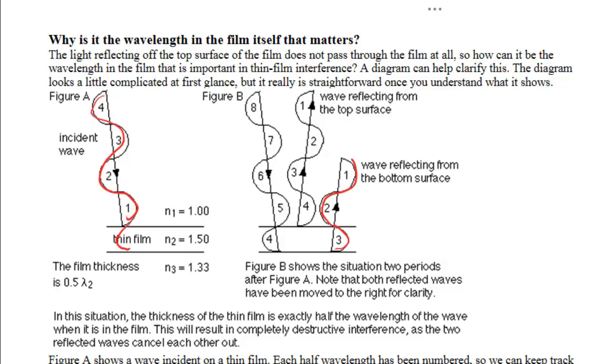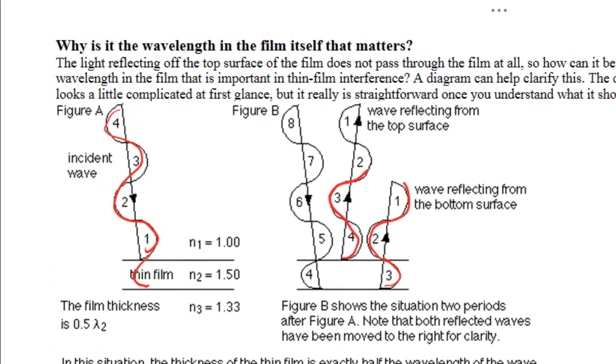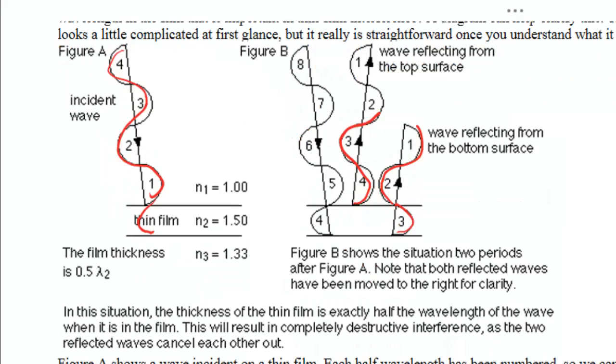Part of the wave initially was reflected, but remember when it gets reflected, it's reflected with a phase transition. So you can see the one that's reflected with the phase transition is now going to interfere destructively with the one that has now come out from the bottom of the surface, so from that second interface. Figure B shows the situation 2 periods later, after 2 complete wavelengths have encountered the film.